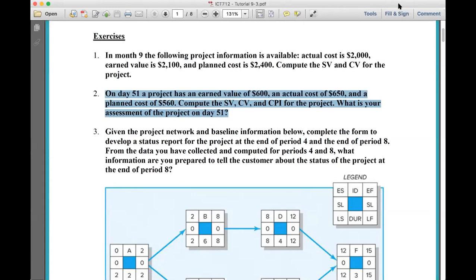So for task 2, the schedule is leading ahead. What's the cost variance? It will be under budget.